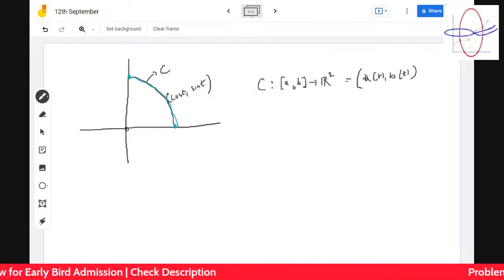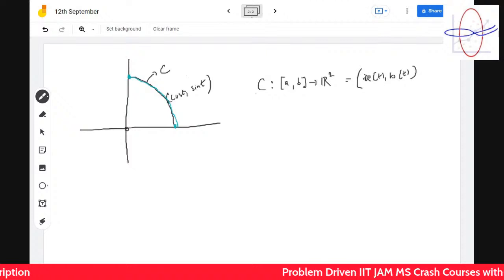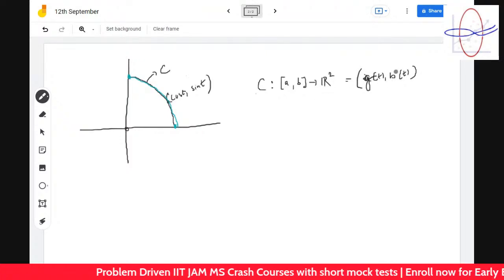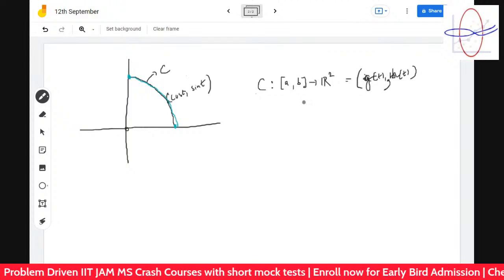It takes a number t and maps it to g(t), h(t). Let's call the component functions g(t) and h(t), because a and b are already used.